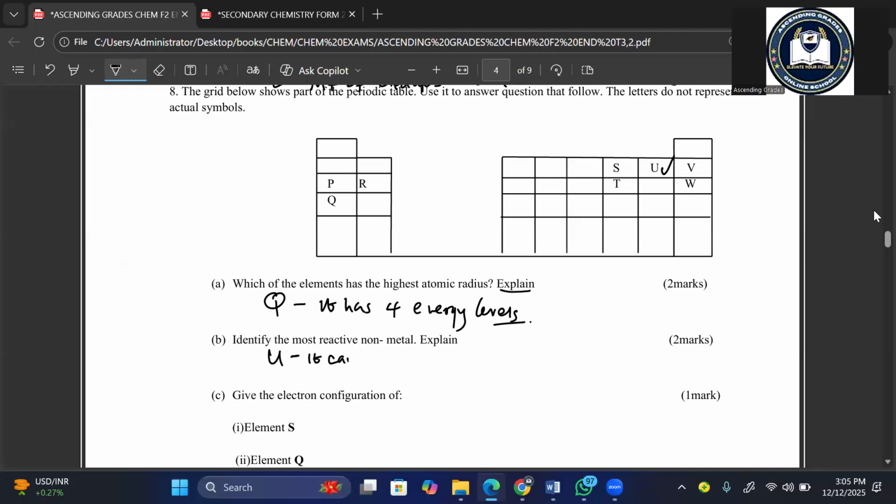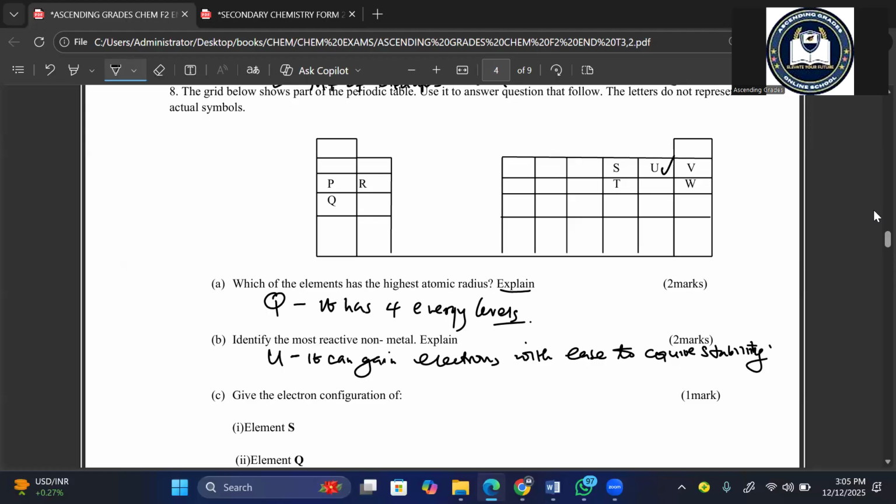It can gain electrons with ease to acquire stability.